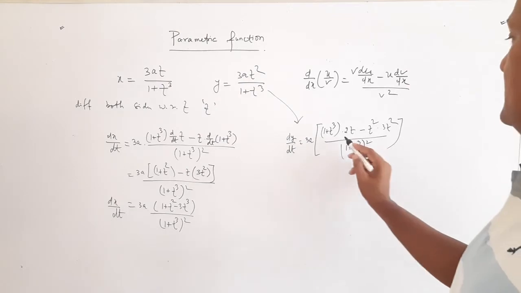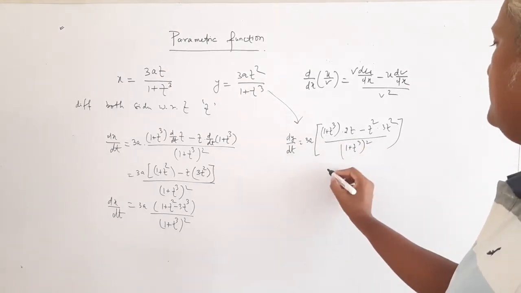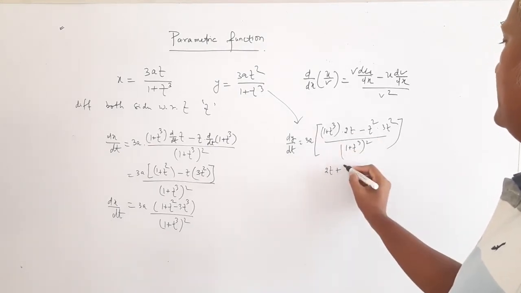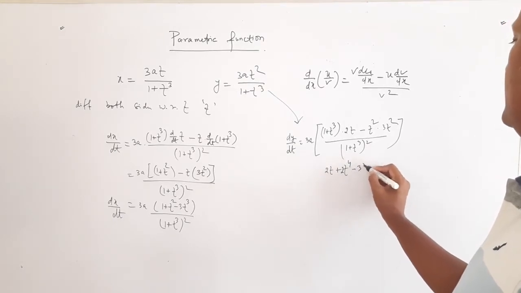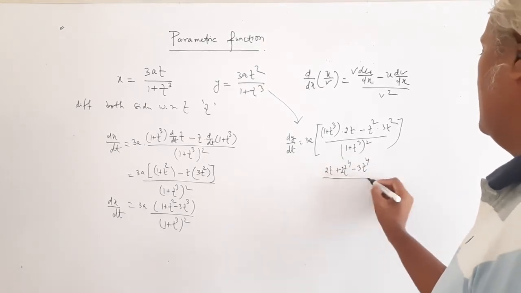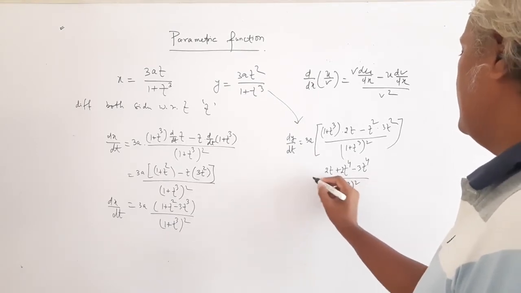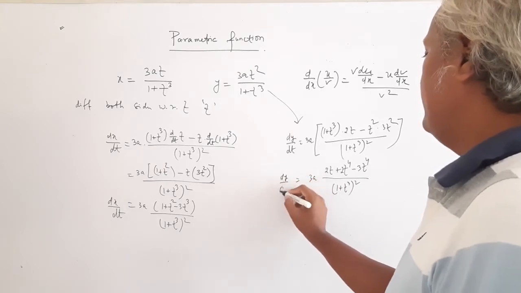So now this is 2t plus 2t into t cube is 2t to the power 4, minus 3t to the power 4, upon 1 plus t cube whole square, 3a times this. This is dy by dt.